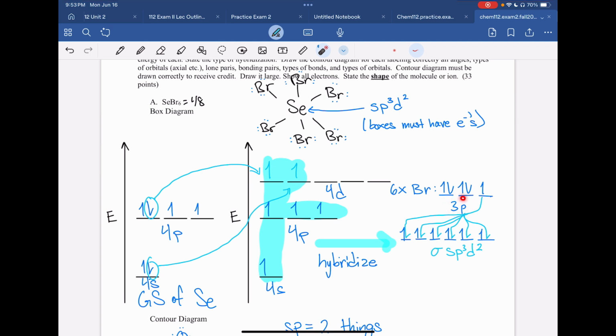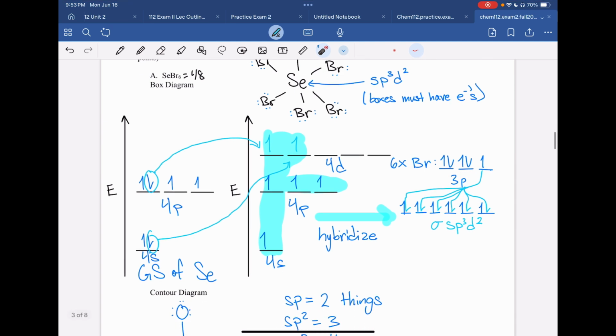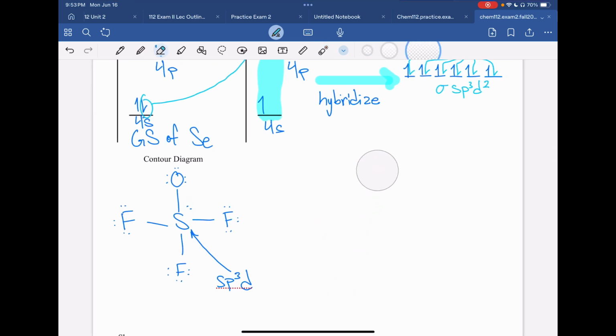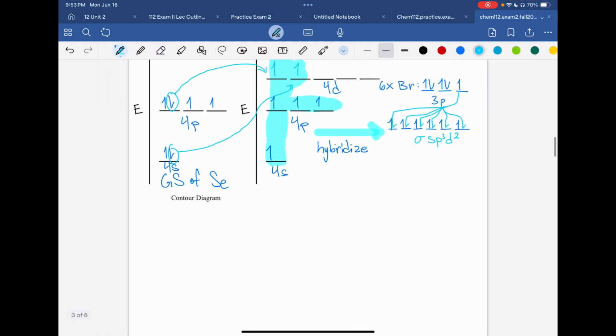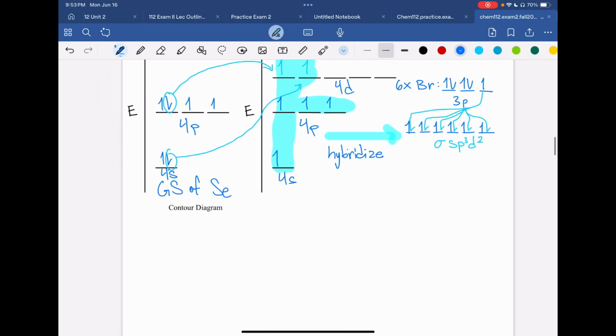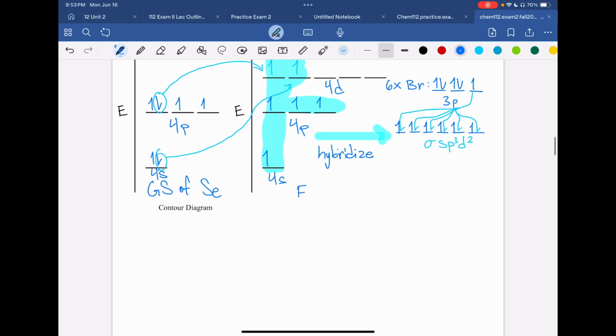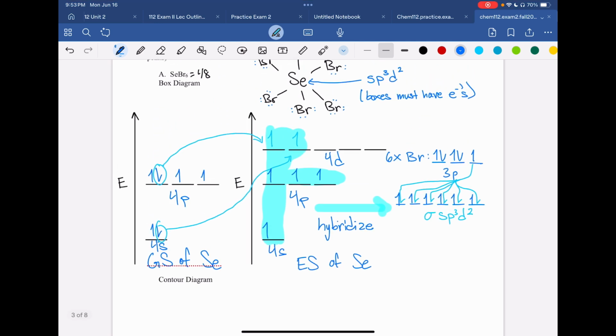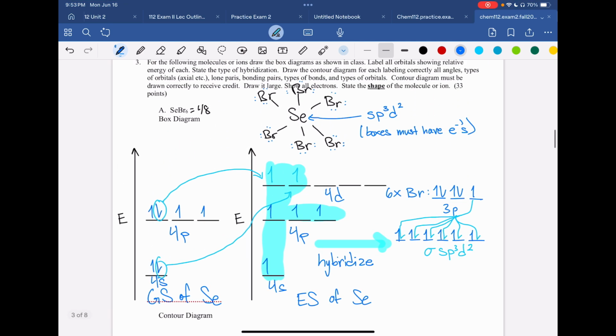You also have to label where the bromine comes from. So, let's move on to our contour. Your contour, oh, just real quick, ground state, excited state of selenium, just in case you wanted it. You don't have to label that, but I think that's important.